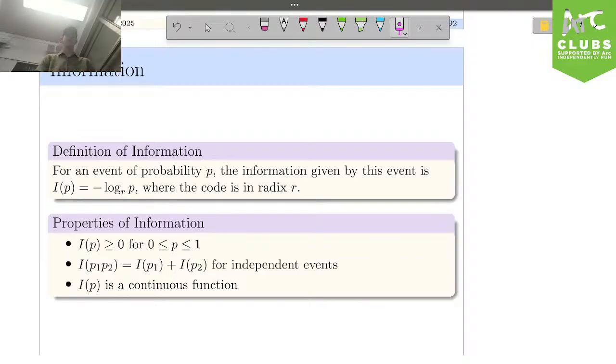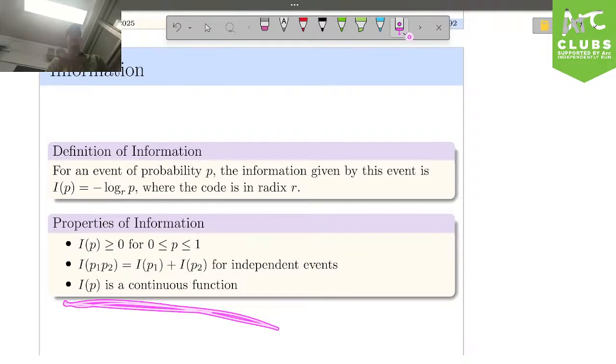You can just take his word that it's enough to look at the fact that this information function satisfies these properties. Importantly, if you have independent events, you multiply the probabilities together to get the probability of the joint event. And it's also nice from log laws that the information you get from that is the sum of the informations from each of the events. So the information is additive. You can think of it intuitively as the additional information from each event.